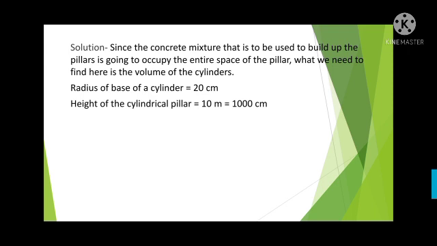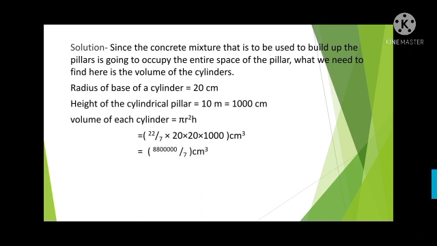Now we have the radius, we have the height, here is the formula, and now we are just substituting it. As we all know, pi value is 22 by 7, r is 20. Since it is r square, it is 20 into 20 and multiplied by the height of the cylindrical pillar. It gave us this value.